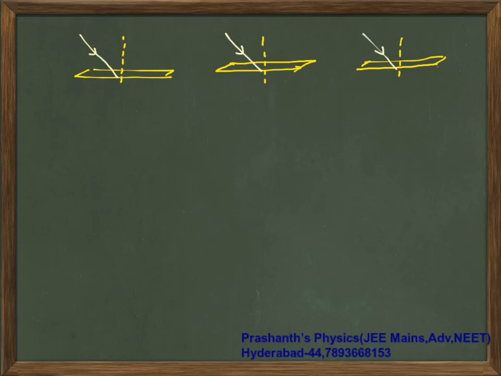Let us say the stopping potential of this is Vs1, of this is Vs2, and of this is Vs3.